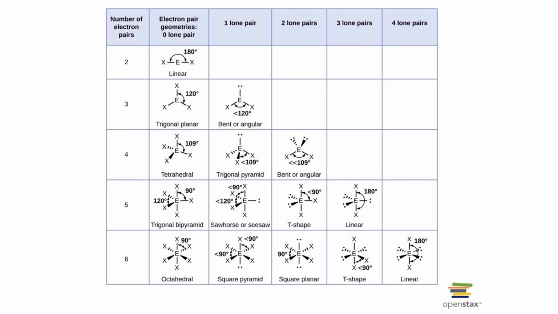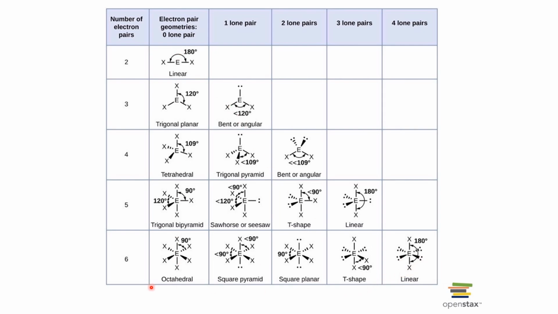So the total number of electron domains means you have the lone pairs and the bonding pairs domains, right? So remember, double bonds and triple bonds count as one domain. So in this case, once you have the number of total electron domains in your structure, you can go ahead and predict its structure.